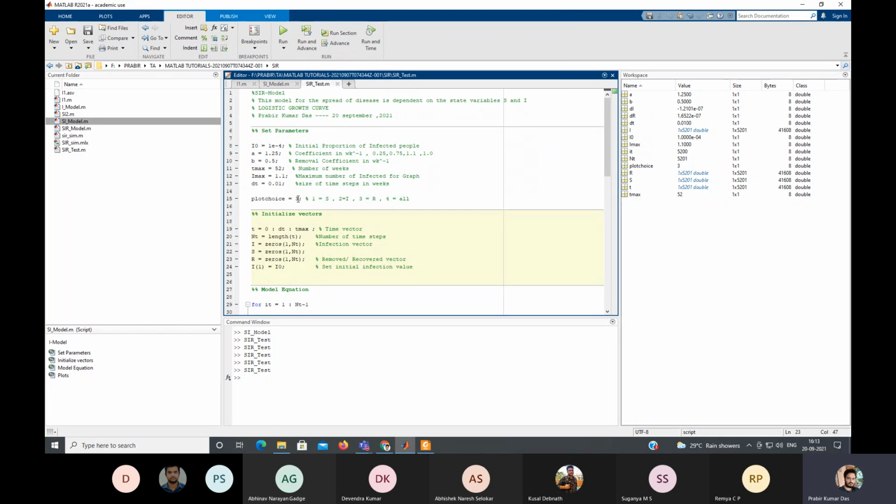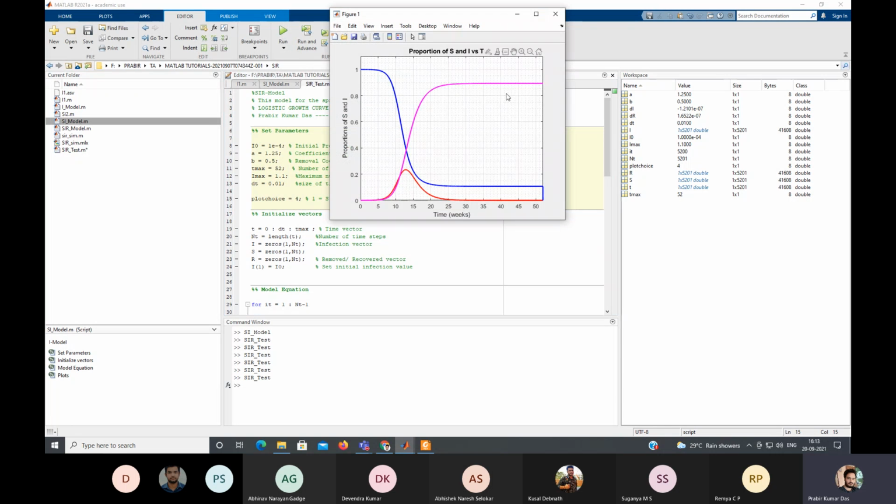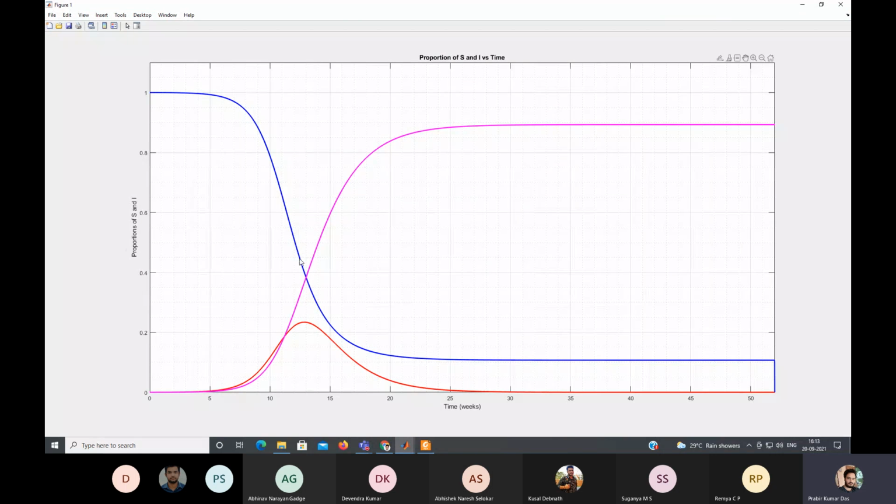Finally, this is our SIR model of infectious disease, showing how an infectious disease like corona is spreading. You can use a basic mathematical model and plot the result.